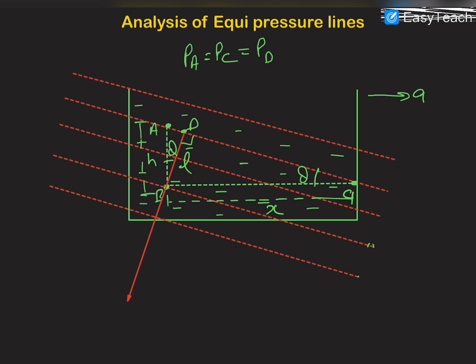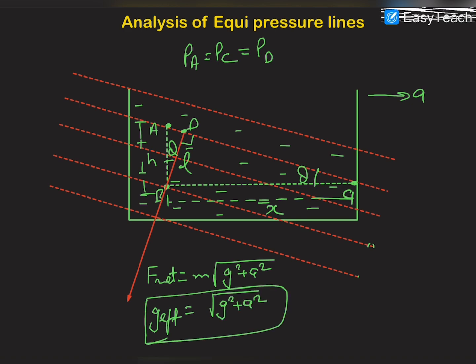So the net force acting in this case will be equal to m under root of g square plus a square. So g effective will be equal to F by m, and it would be under root of g square plus a square. This will be the value of g effective. Now let us write down the pressure at B from A. Pressure at B will be equal to pressure at A plus h rho g.